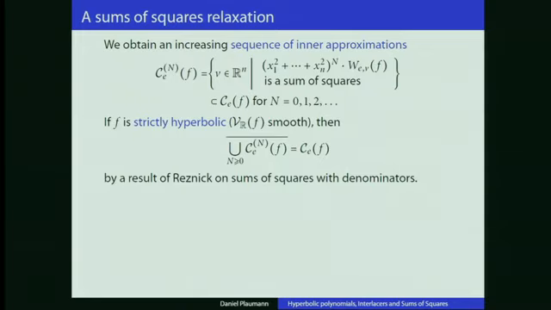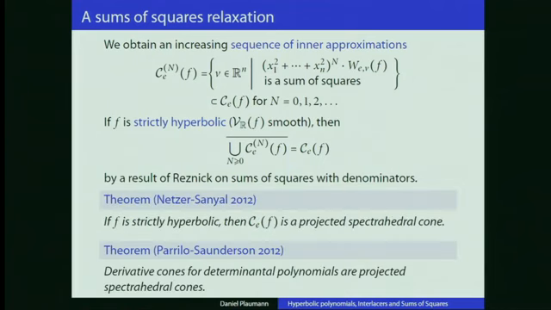And so in particular, what you can get from this, if your polynomial is strictly hyperbolic, meaning the hyperbolicity cone is smooth, then this will be a better and better approximation of the hyperbolicity cone. So let me briefly mention this is related to other recent results on representations of hyperbolicity cones by spectrahedral cones.